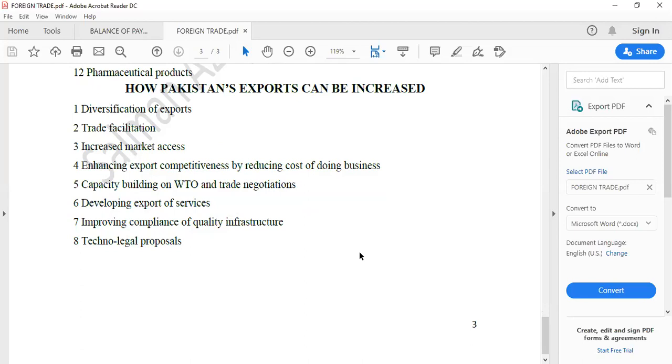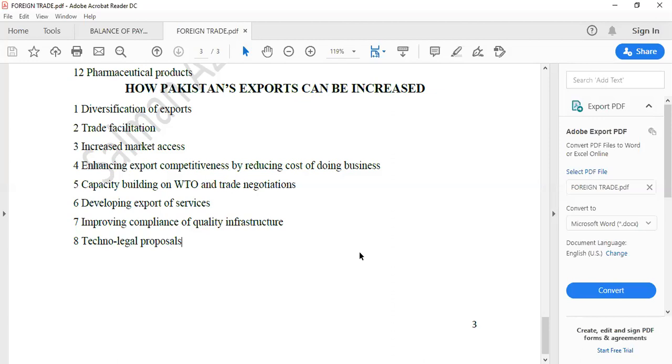Trade facilitation. The producers who are producing something and want to export, we should facilitate them in order to have an easier pathway for doing exports.